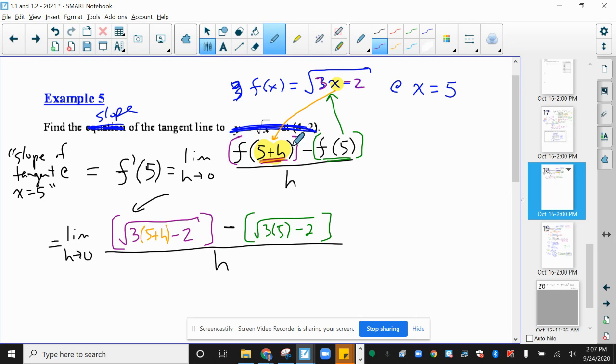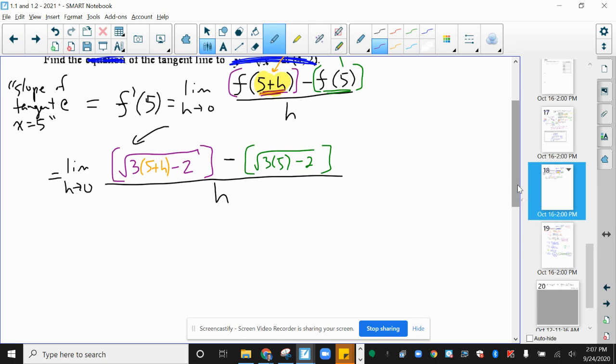Okay, so f at 5 plus h, 5 plus h replaces the x there. So that's it in purple. Minus f at 5, that's it in green. And it's all over h. Now we can just take a step to clean everything up. So the 3 will expand inside, and we're going to get the square root of, that's going to be 15, but then there's a minus 2 there.